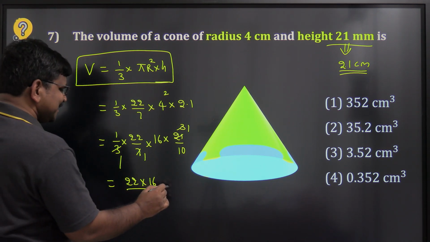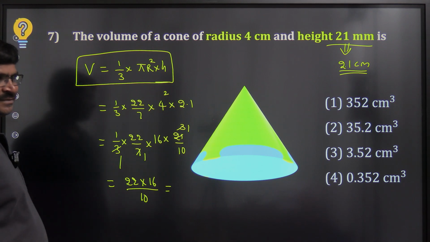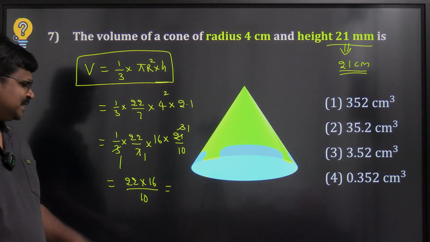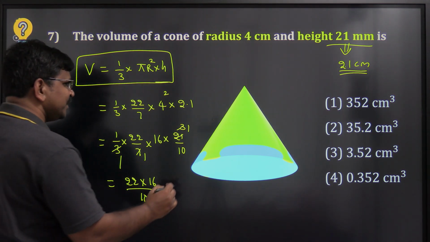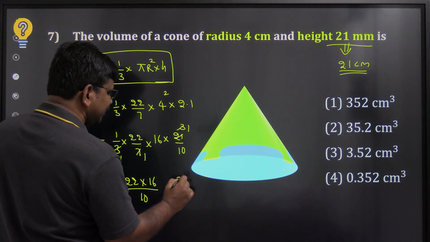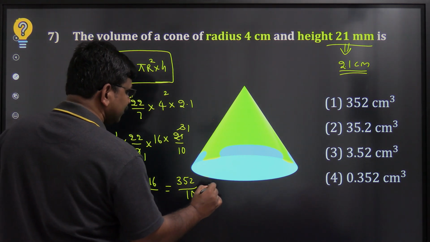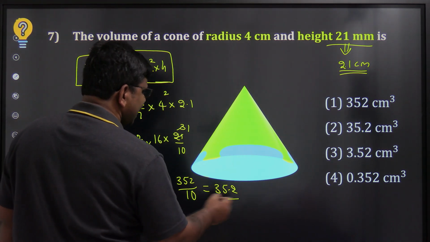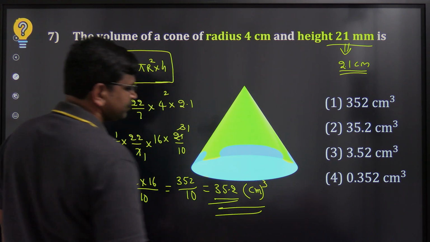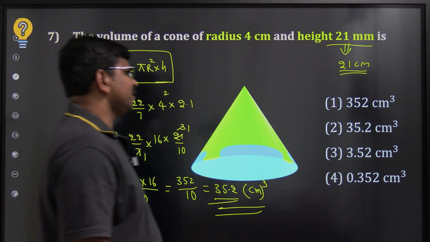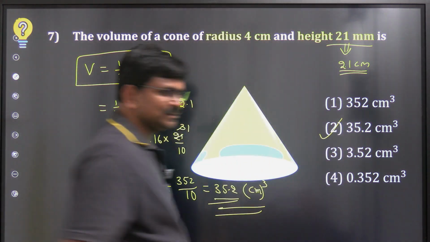Now 16 times 20 is 320, 16 times 2 is 32, 320 plus 32 is 352. So 352 by 10, which is equal to 35.2, and as it is volume in centimeters, it is centimeter cube. Yes. So the correct answer is the second option.